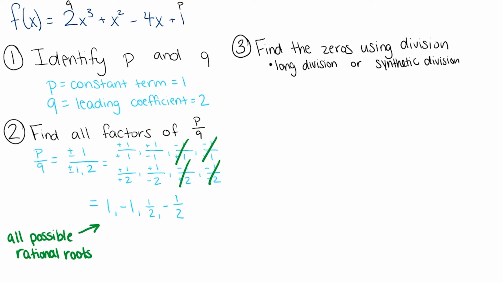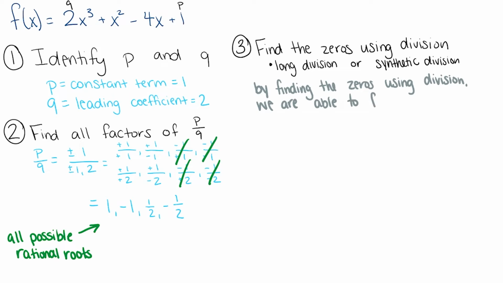I think it's a bit more straightforward and a bit easier to use. If you prefer long division, there's no wrong way to do it. If we both get to the same answer, that's great, but I will be showing all of these examples using synthetic division. By finding the zeros using division, we're able to factor this polynomial completely. So as much as it can be factored, we're able to do that by breaking it down in this first step here.